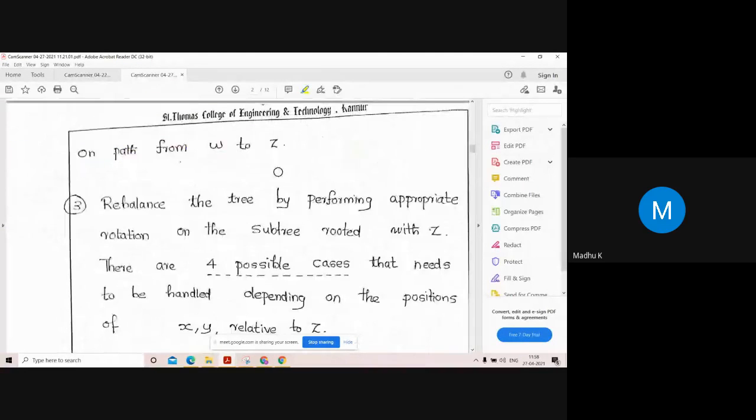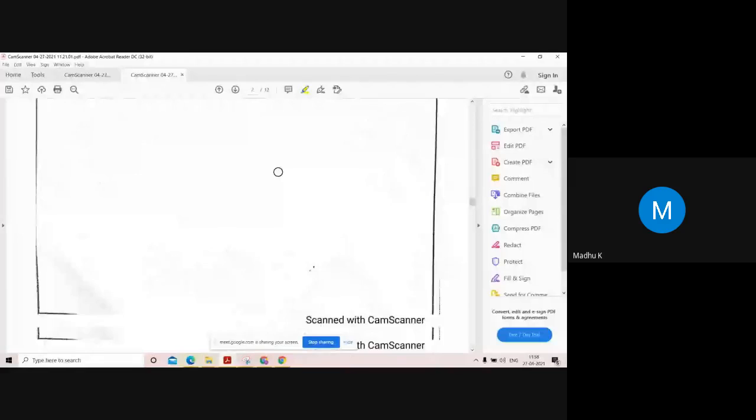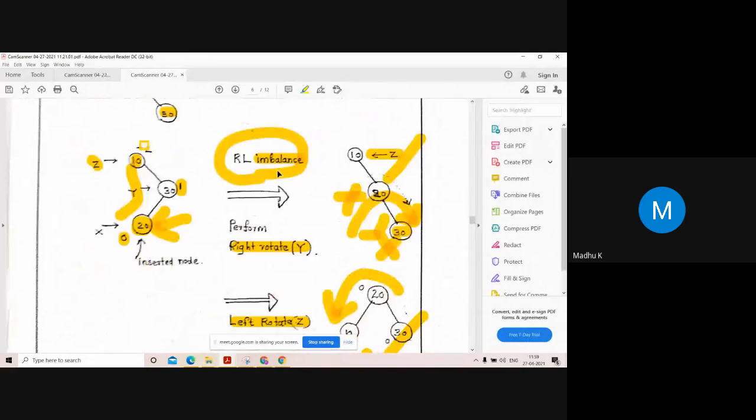Which means, you can check here. So what is Y here? Y is 30 because we moved in this path. So in that path, the child of Z is Y. Okay, I marked it as Y.